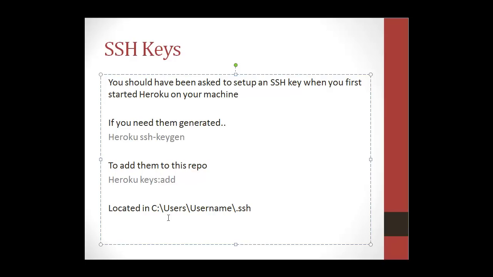All your keys are located in the username .ssh folder, which is hidden by default, but you can unhide it and go in it and look at your SSH keys. If you're going to generate a new key, you probably should just delete this SSH directory altogether, because it'll create a new one.